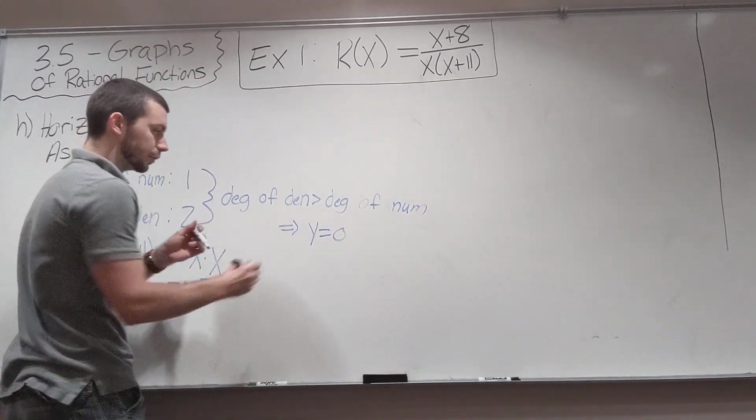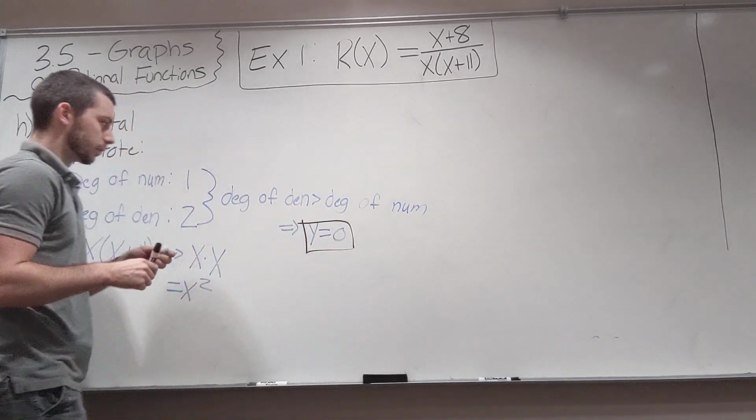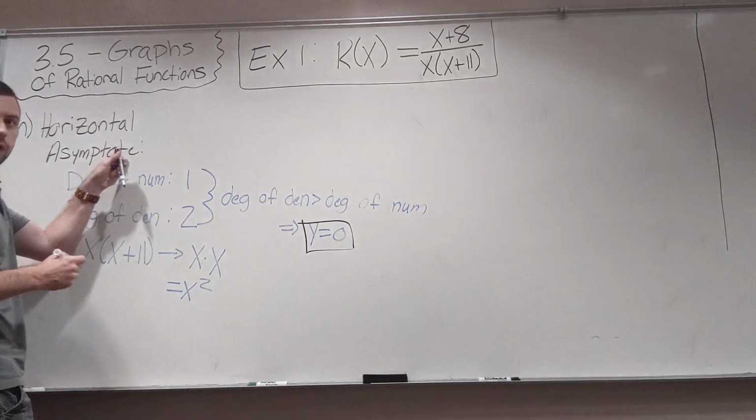That is the horizontal asymptote. And so that's what I will write down here as the answer.